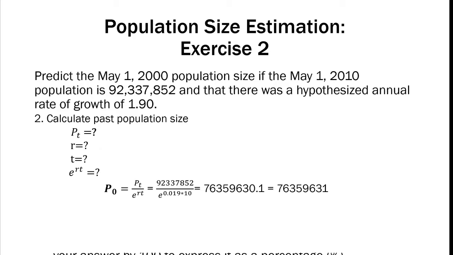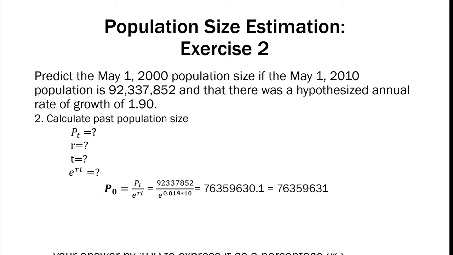Now, just a reminder, the usual way that annual rate of growth is given is already expressed in percentage. So for example, in this problem, the hypothesized annual rate of growth is 1.90. That's actually a percentage. Whenever you use annual rate of growth in a formula, you need to first divide it by 100 so that it is in decimals, not a percentage.